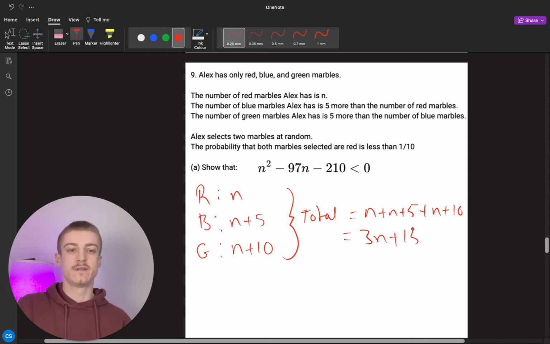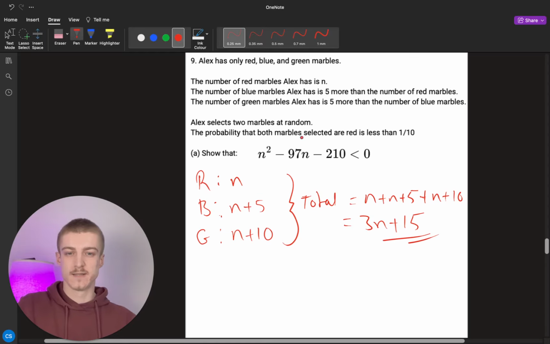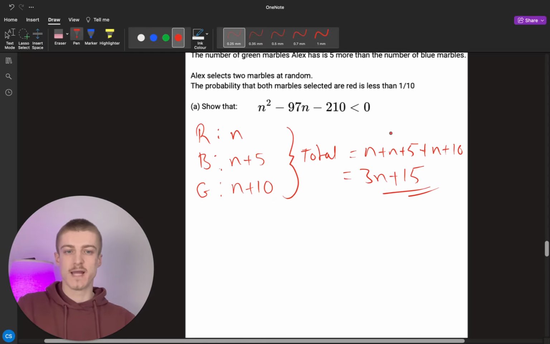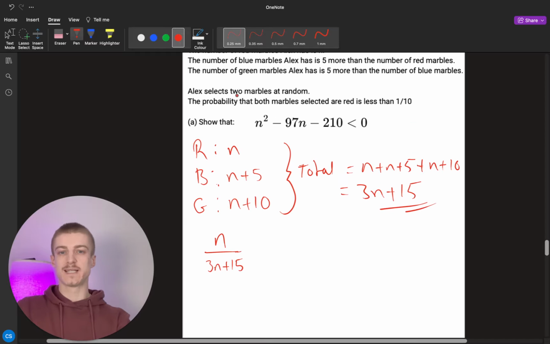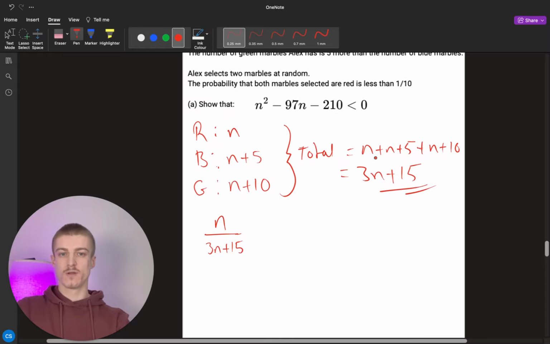This becomes n squared minus n on the top, and on the bottom, let's put it into brackets, 3n plus 15, 3n plus 14. We can expand those brackets.